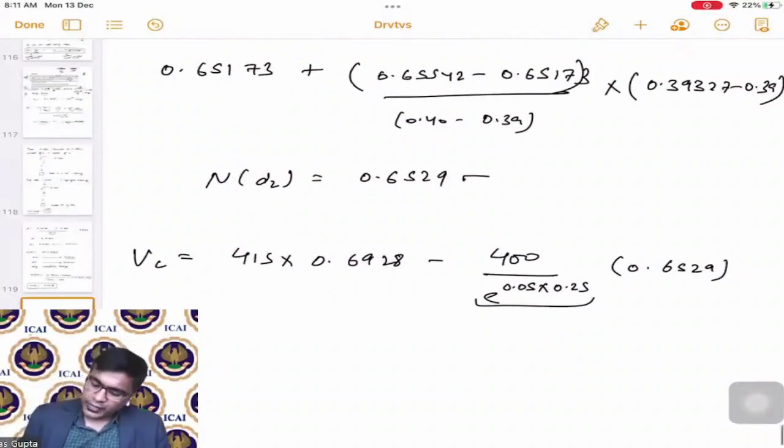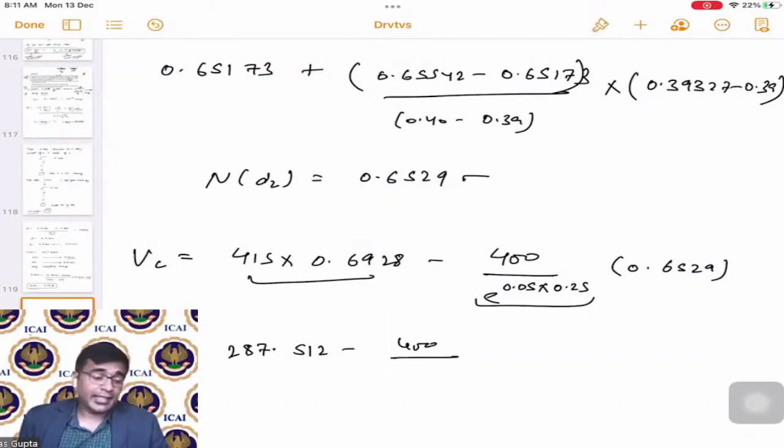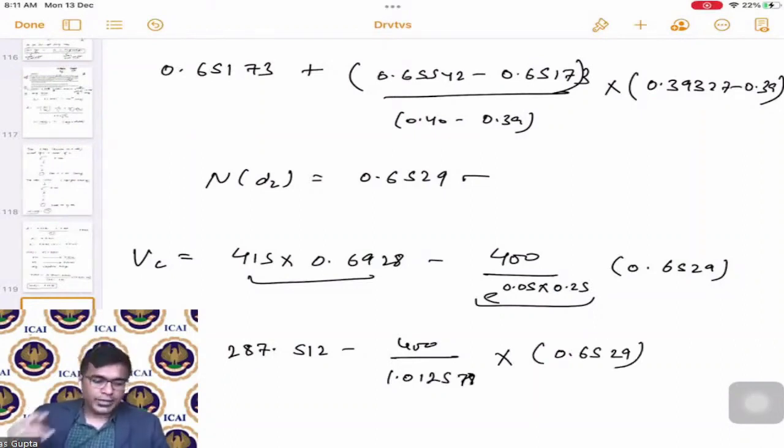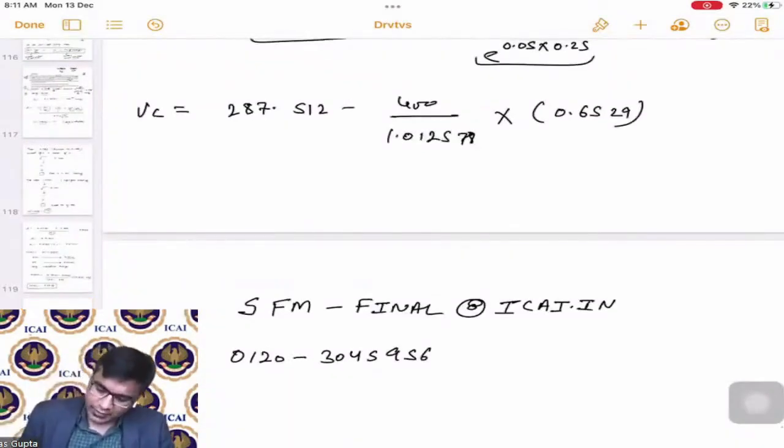So the value of call option is equal to, if we solve this, we will get 287.512 minus 400 divided by, what is e raised to the power 0.05 multiplied by 0.25, given as 1.012578, multiplied by 0.6529. Correct, students?